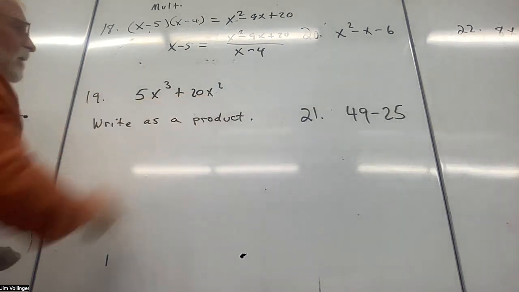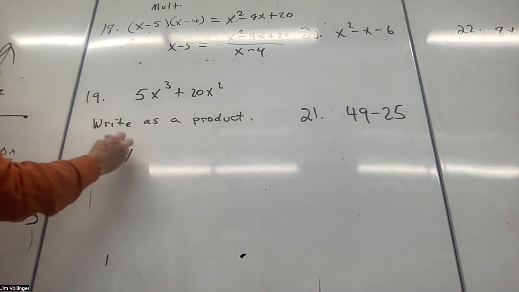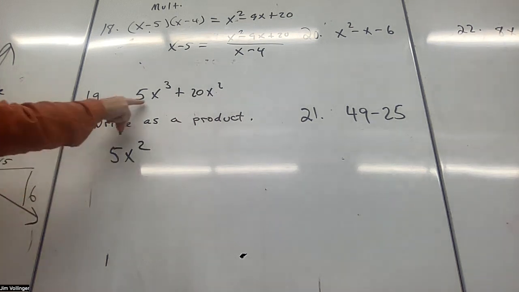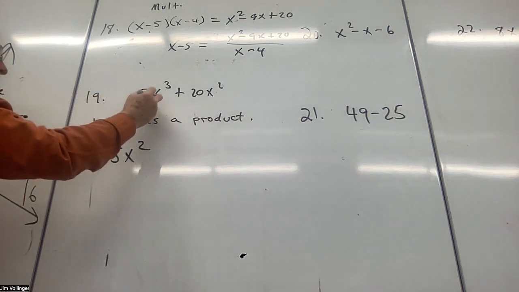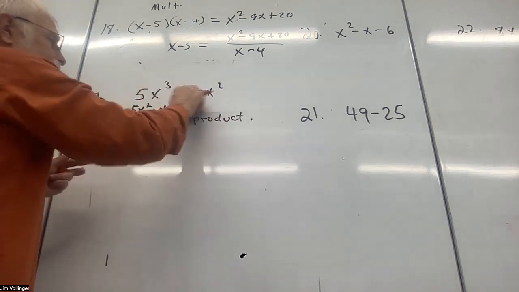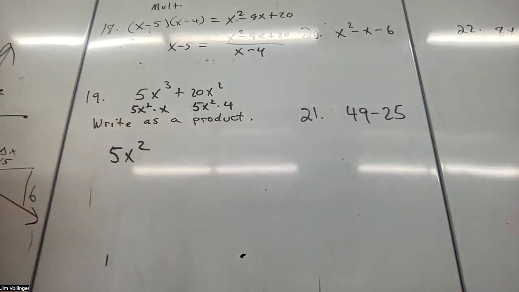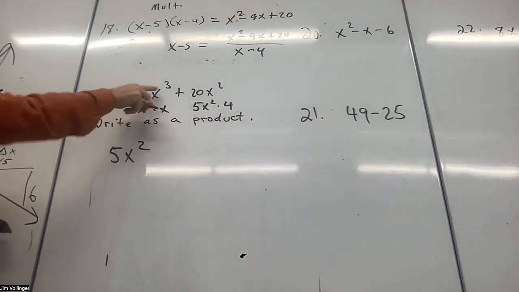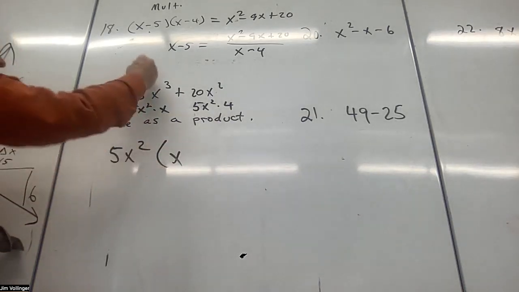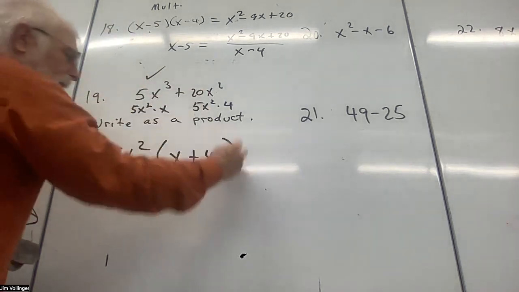So let's write this product. Well, you've had Algebra 1. I'm just going to do it. You're taking out the greatest common factor. 5x squared exists here, and 5x squared exists there. So if I take 5x squared out, I need an x to get back to that, and I need 4 times 5, which is 20, to get to that.